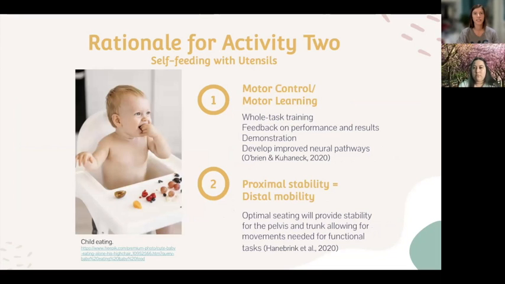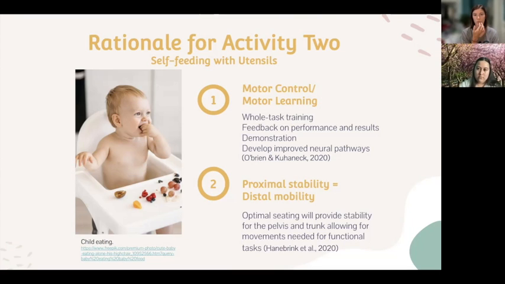Our second activity is a self-feeding activity with utensils. We're incorporating motor control and motor learning concepts in this, which includes things like whole task training, feedback on performance and results, and demonstration of the task. Through all of these things, it's said that it can help develop improved neural pathways and help the child learn those proper movements.